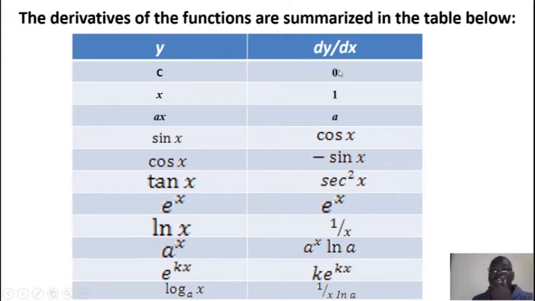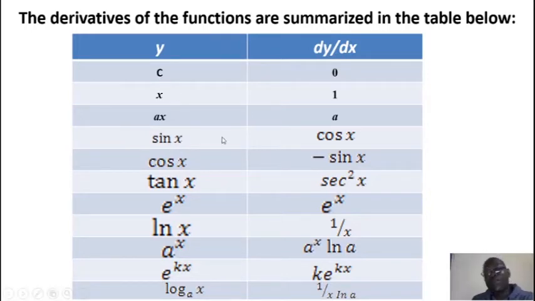As we have been saying, the derivative of a constant is 0, but when y is equal to x, the derivative of y with respect to x becomes 1, and if y is equal to ax, dy/dx is a, following differentiation from the first principle.